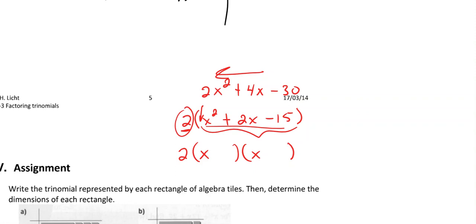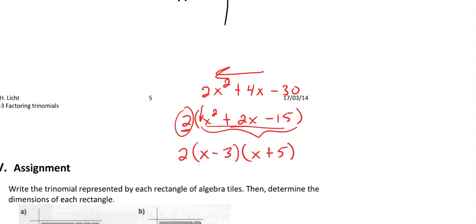So what are numbers that multiply to 15? 3 and 5. And 5 minus 3 is 2, so I'm in the right ballpark here. So 5 and 3. And then they have to multiply to a negative, right? So one's got to be positive, one's got to be negative. Which one's positive? The 5 has to be, right? Because 5 minus 3 is 2.